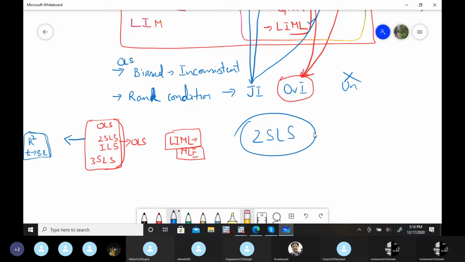If it's a just identified equation, it produces results more or less equivalent to the ILS method. So even if it's a just identified equation, you can apply 2SLS. If it's an over-identified equation, then again you can apply the 2SLS method. So its applicability is more as compared to all other methods.